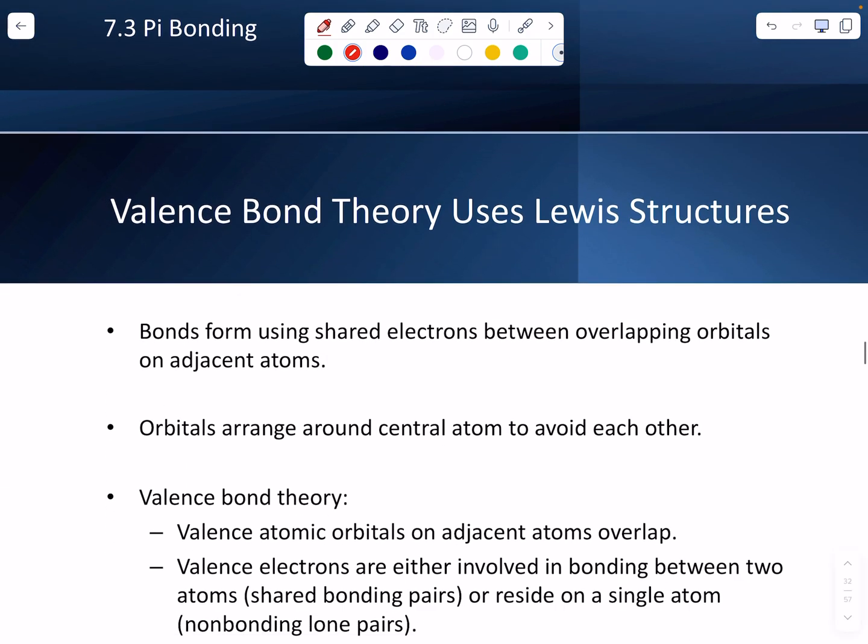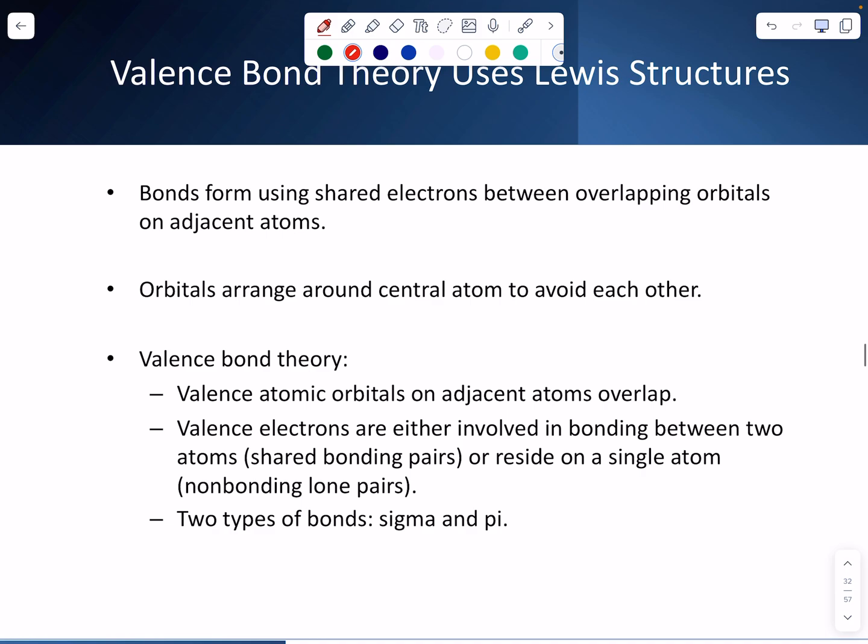All right. So what's our idea of what a chemical bond is? It's sharing electrons between two atoms. And how is that shared? We have orbitals that overlap between atoms that are next to one another in space. So that's what we mean.